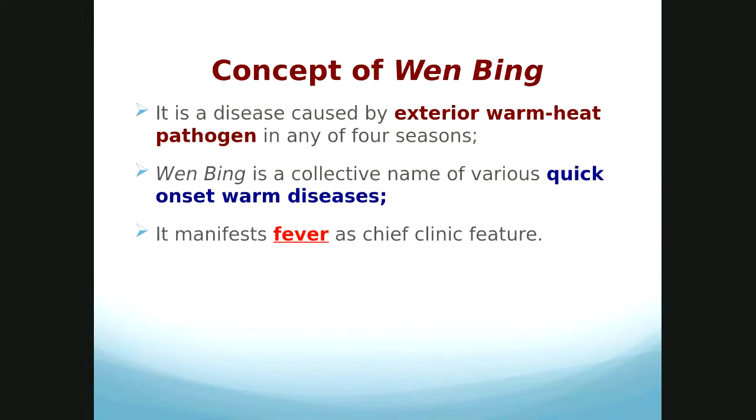So here, we just go through a bit quickly. Wenbing is external warm heat pathogens as the cause of illness, mainly reflected in 4-level transmitted illness. And they are very quick transmissions. Fever-dominant conditions are the clinical manifestations.